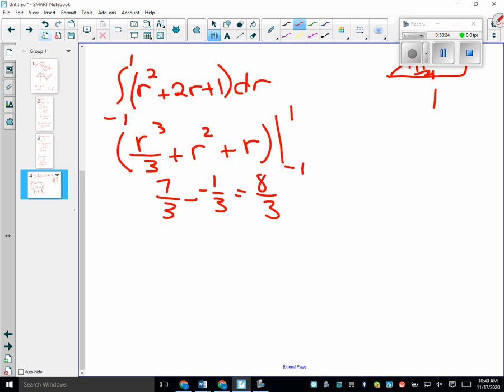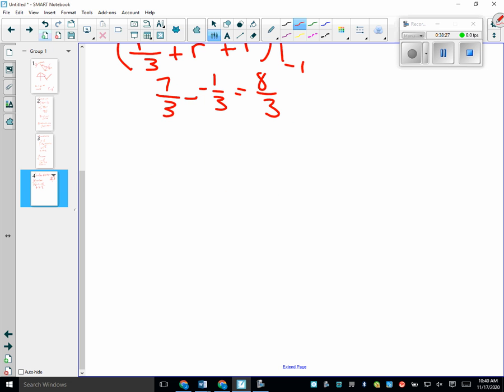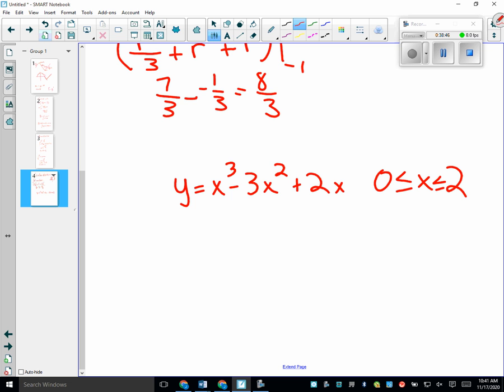So if I ask you to find the total area, y equals x cubed minus 3x squared plus 2x, and I want to find this area, this is the same thing as the integral from 0 to 2 of x cubed minus 3x squared plus 2x dx.